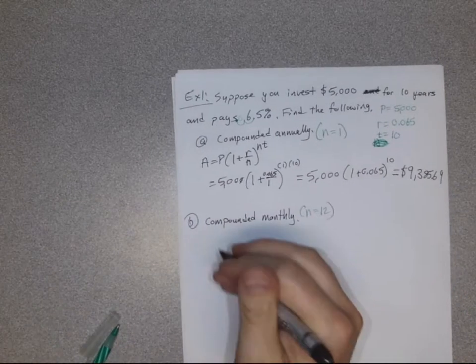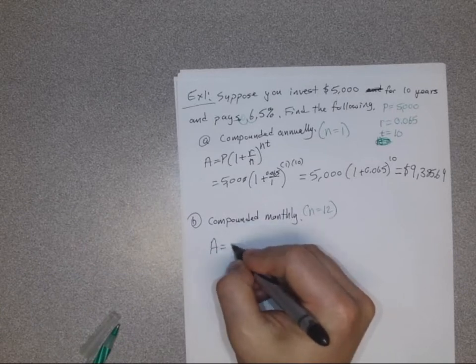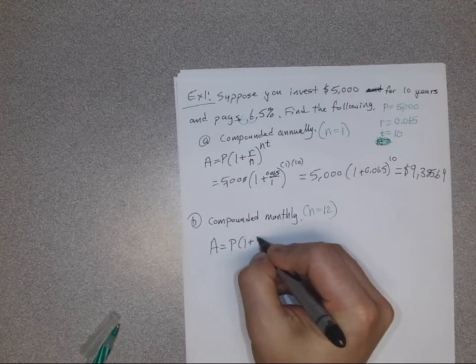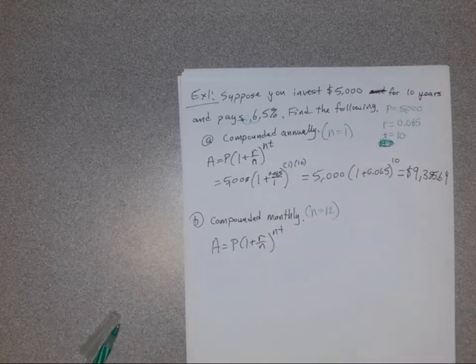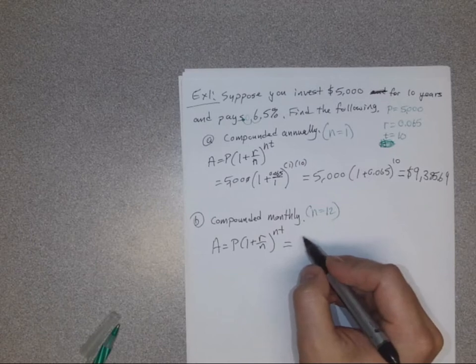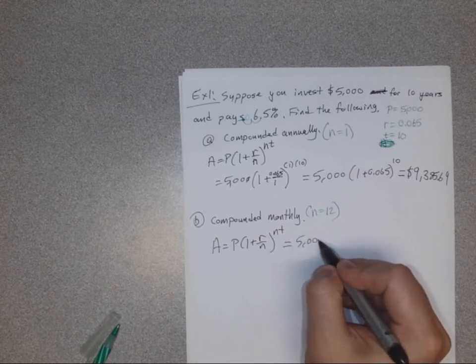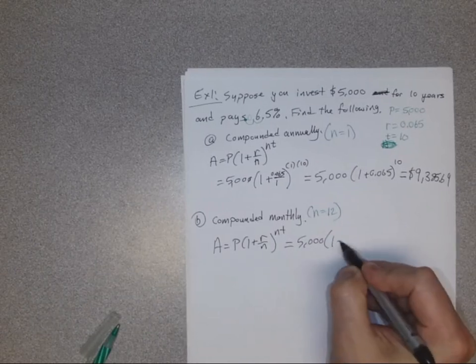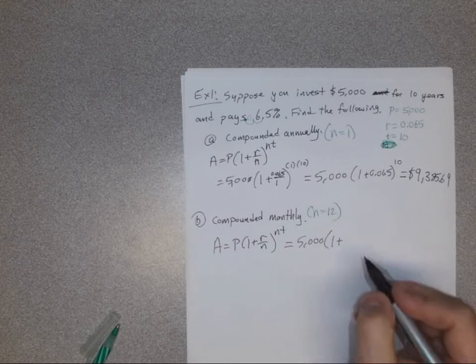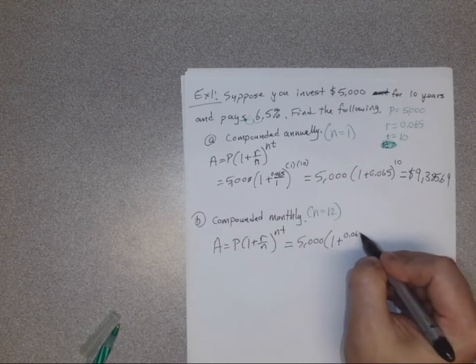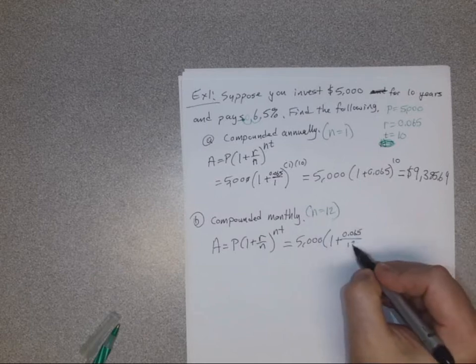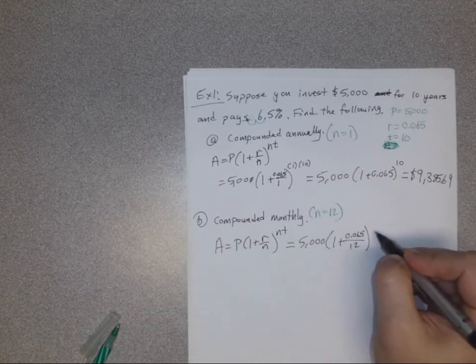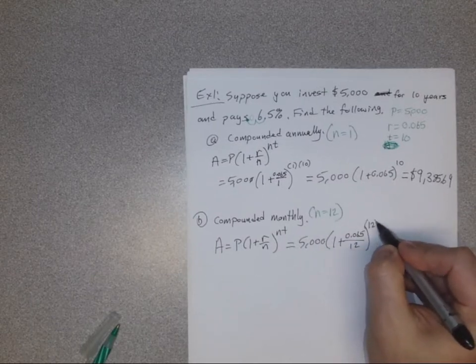Let's start by writing our formula. Now plug in everything. That's equal to 5,000 times 1 plus R, which is still the same thing, 0.065 divided by N, which we just said was 12, raised to the N times T power, so 12 times 10.